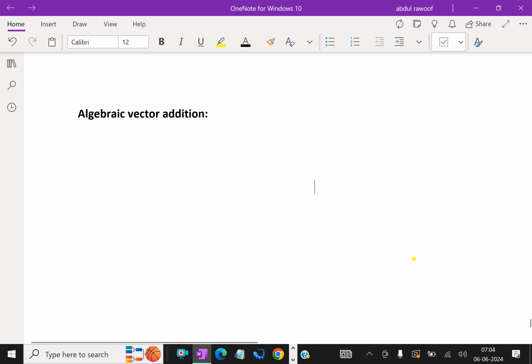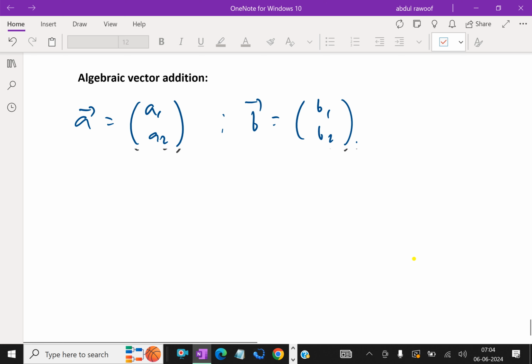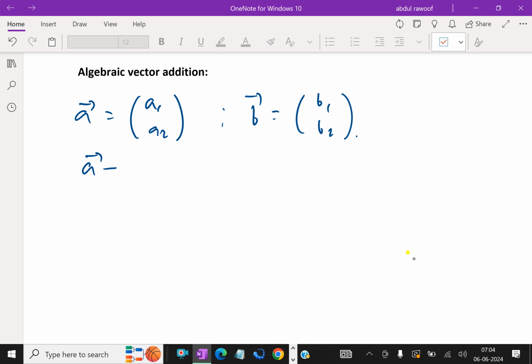Let vector A equal (A1, A2) and vector B equal (B1, B2). Then vector A plus vector B equals (A1 plus B1, A2 plus B2).